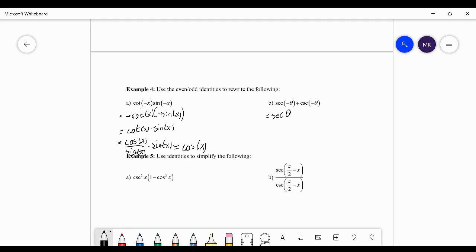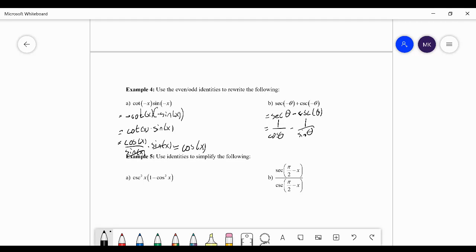Cosecant is odd, which means cosecant of negative theta is negative cosecant of theta, which means instead of this being plus, I can just make it minus cosecant of theta. Look at this. So let's see here. Secant of theta is 1 over cosine theta, and cosecant is 1 over sine theta.